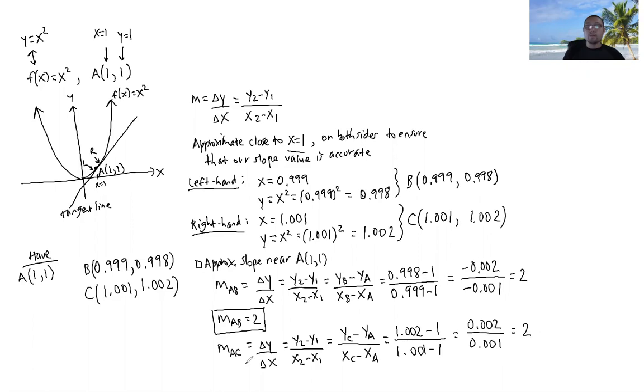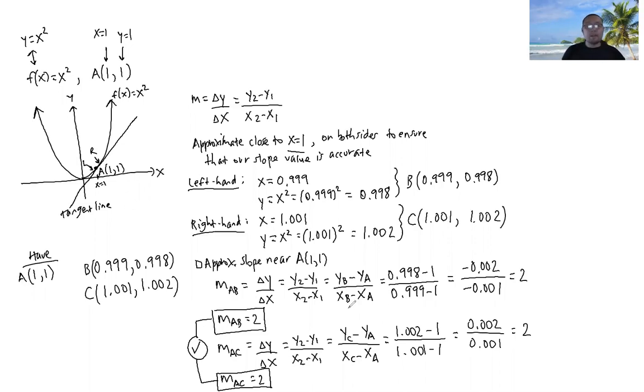Again, this is 2. So we find out that these two values do agree. So now we have confirmed that the slope at point A is 2 because we checked at a point slightly to the left of this point and at a point to the right of A.